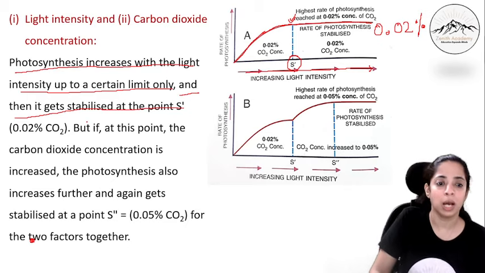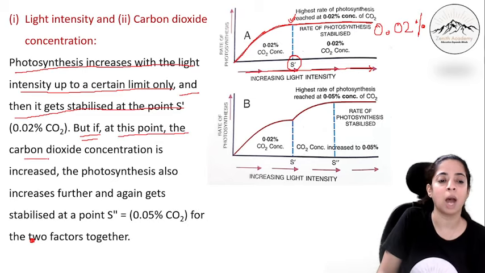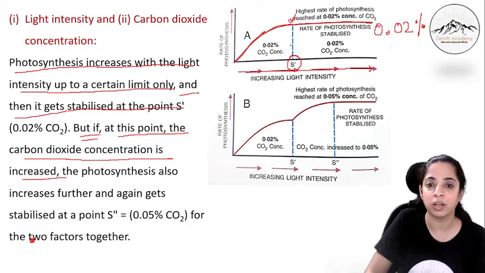Now, if at this point the carbon dioxide concentration is increased, can you see the S dash point? It is the same here in the second graph. This is the highest point and after this it gets stabilized.